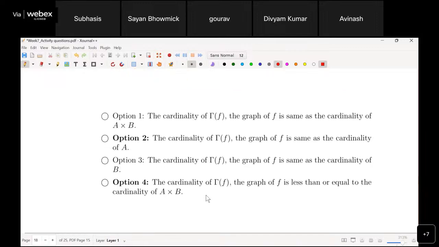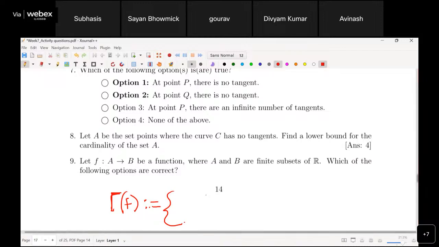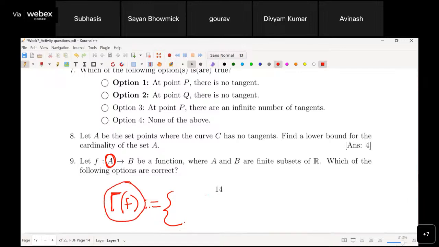The way we have defined sigma is completely dependent on this A. Let me give you a hint: if you go back and check, the cardinality of sigma f is basically the same as the cardinality of A. That is what this question is all about, I guess.